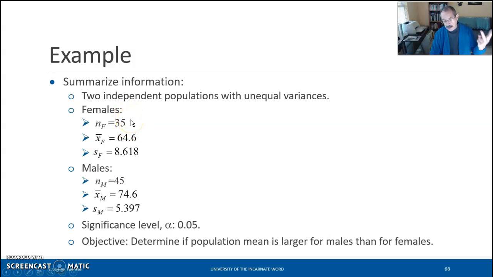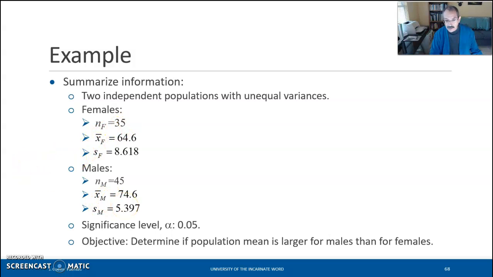Here we know that we're dealing with two independent populations with unequal variances. Then for the females, you have 35 females with a sample average of 64.6 and a standard deviation of 8.618. Then you have 45 males with a sample mean of 74.6 and a sample standard deviation of 5.397.